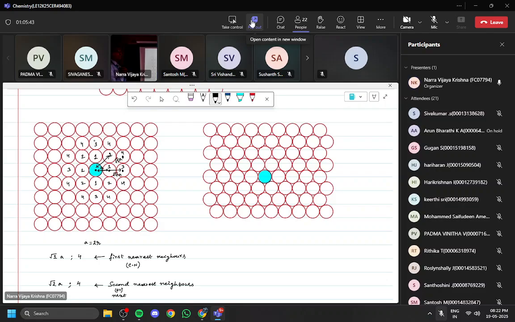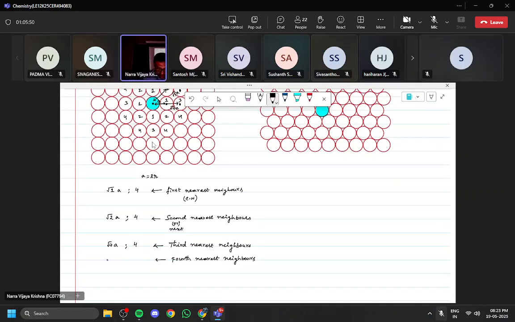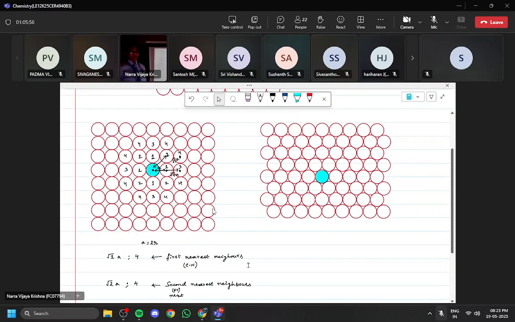Now tell me the fifth nearest neighbors. So totally how many at a distance of root 5a? 8. Count: 2, 4, 6, 8.